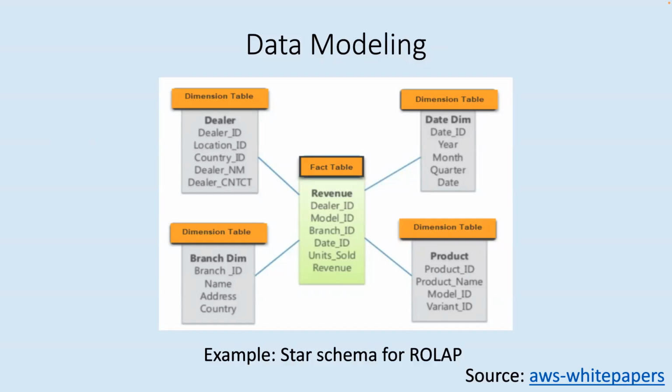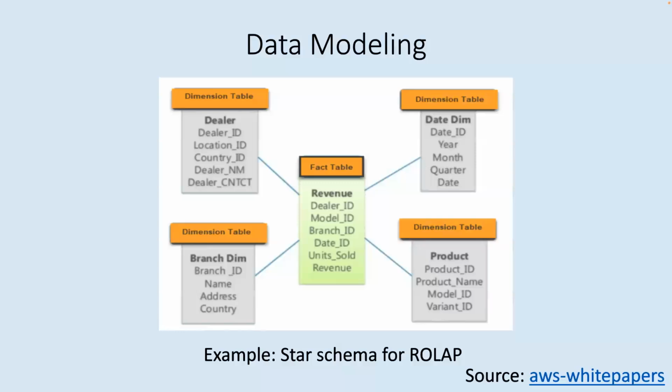And this is just one example, where you have a star schema, also called a roll-up type of model. It's more of a relational type of model where you have a fact table in the center, accompanied by dimension tables on the side, and it looks like a star, so it's called a star schema.